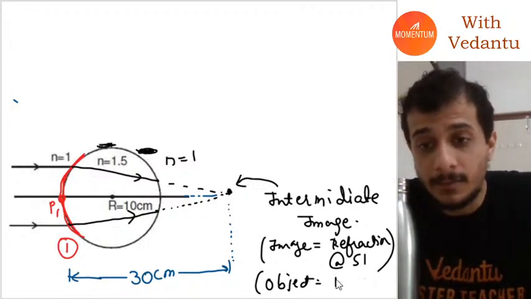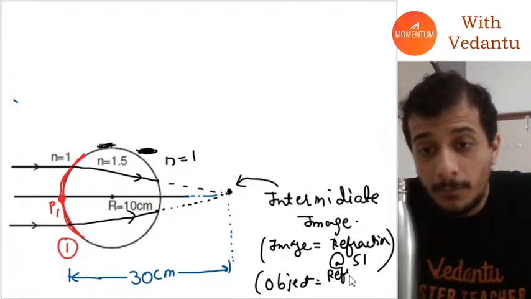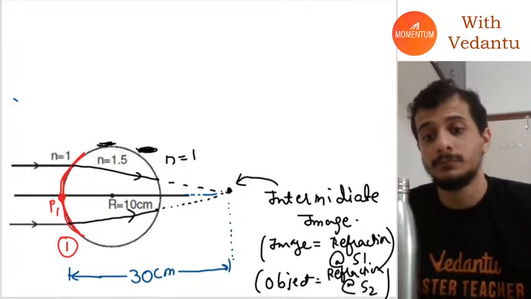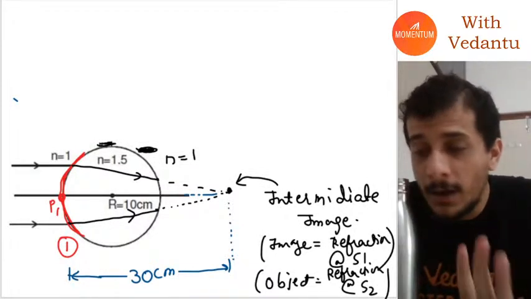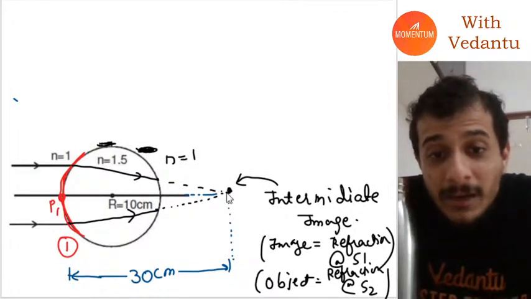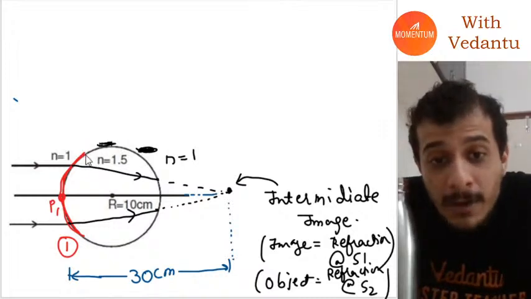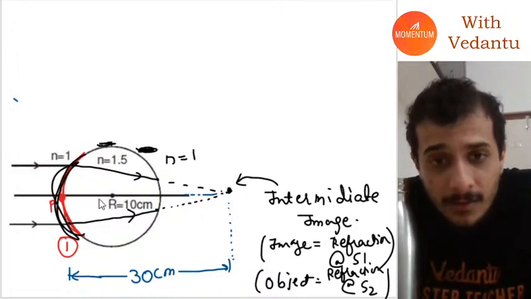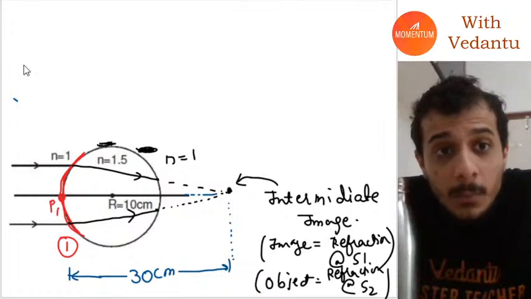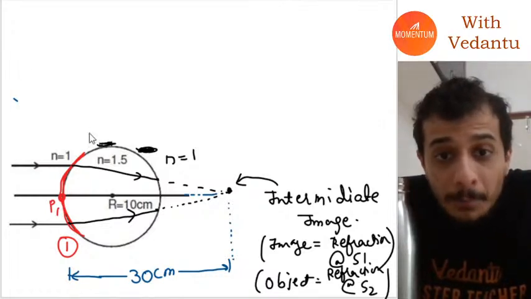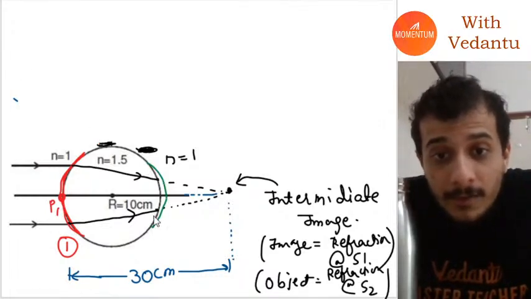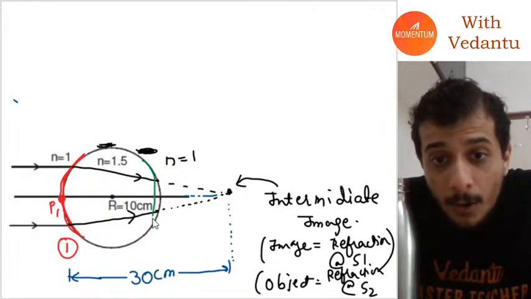I hope you guys understand. This is an intermediate image. This is an image for this surface, but now it will act as an object for this surface.